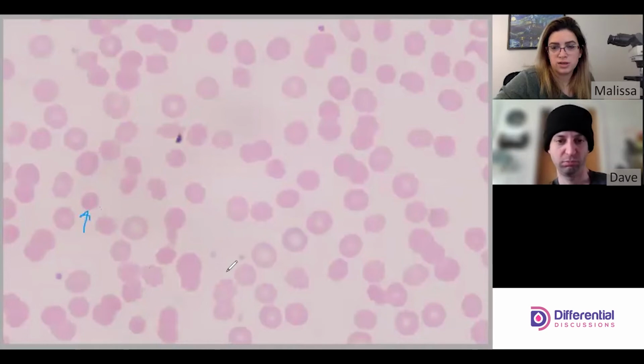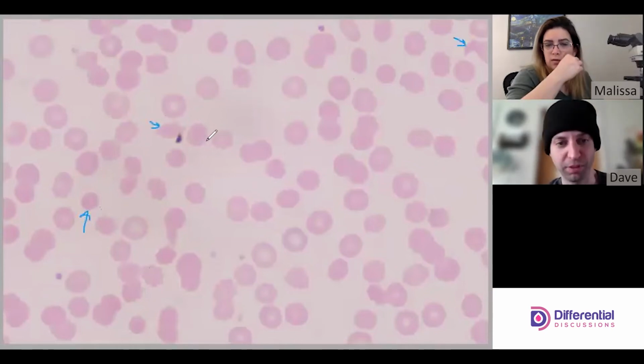Don't see a schistocyte. You see, oh, maybe here. Right there. This guy is kind of almost acanthocytic and less echinocytic here. True.